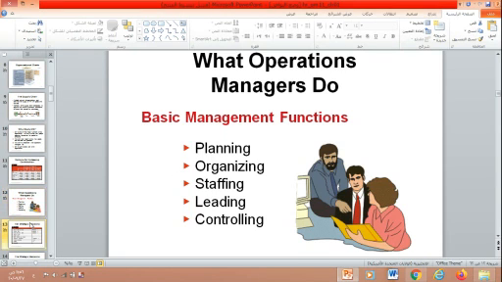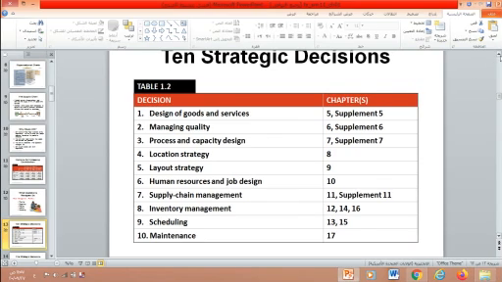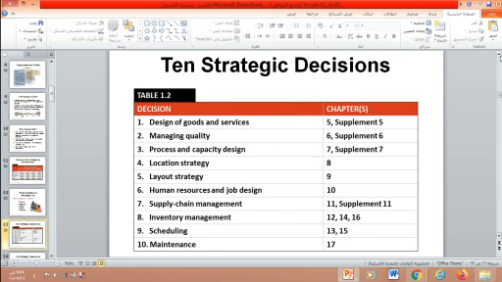But there are 10 main strategic decisions that can be taken by operations managers, which are designing of goods and services. Of course, each important strategy taken by the operations or production manager has a chapter that will discuss it in full detail.